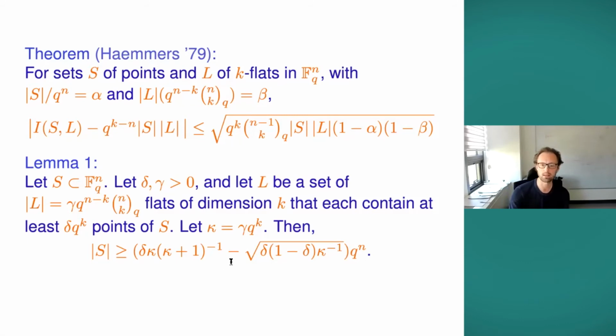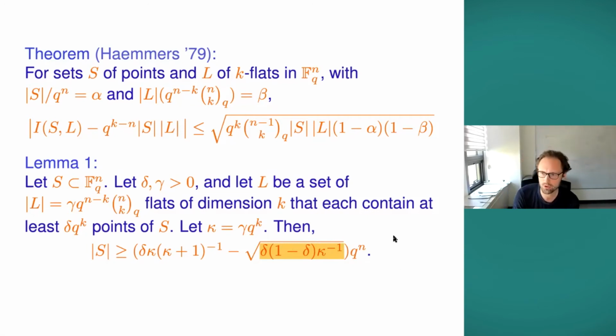This means that the second term in this constant is getting divided by kappa, but it also has a square root of delta term and it's being subtracted. So if delta is small and kappa is small, then we may end up with a negative lower bound here. So in general, we're going to want to choose kappa to be something that's larger than 1 over q to the k.